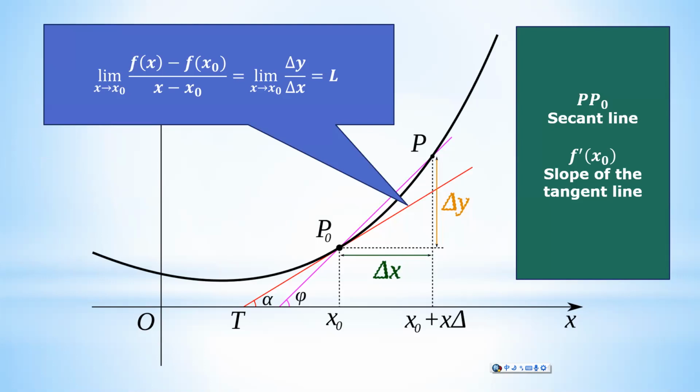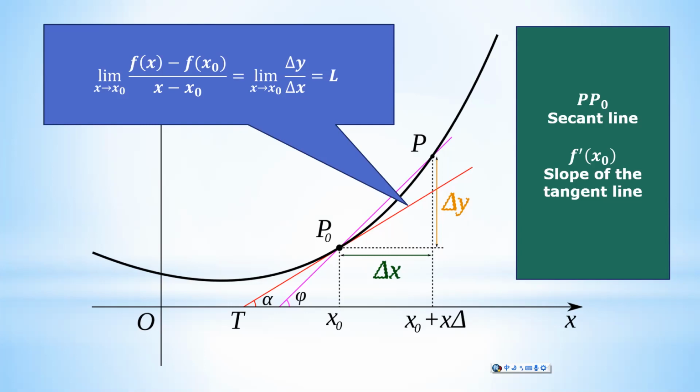So delta y divided by delta x is exactly the tangent of the angle, the slope of the secant line. Now as we move x towards x naught, the slope of the secant line will gradually become the slope of the tangent line. That's the limit, or the derivative of the function at this point.